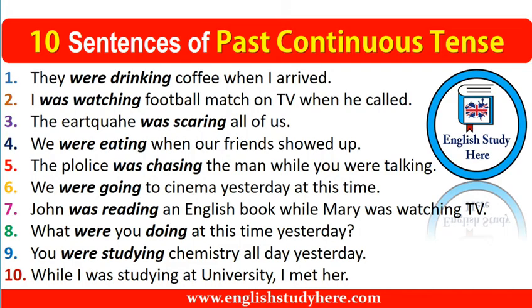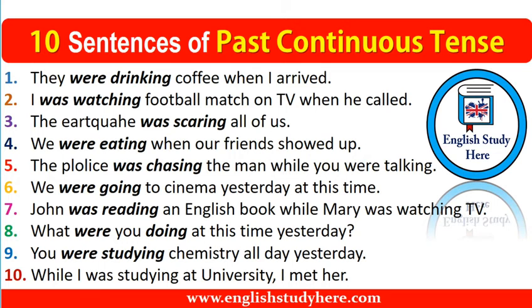Now moving on to past continuous tense. In past continuous tense, I said that with was and were we add the past form. We add the verb, and with the verb we add ing. So how is past continuous tense formed?